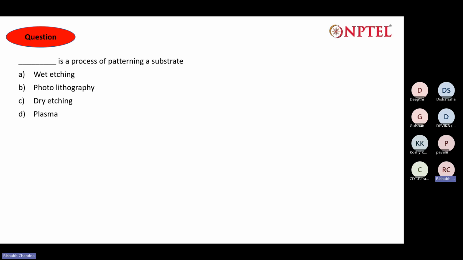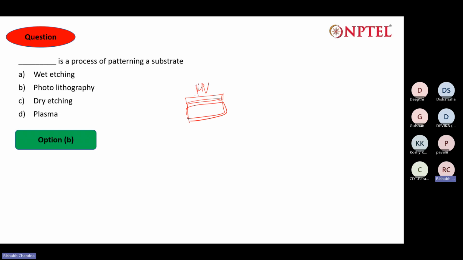The correct answer is photolithography. Suppose there is a substrate on which a particular pattern has to be formed. First we put that pattern on the substrate and then we use UV rays or any other kind of light, like infrared rays, for putting this pattern on the substrate.